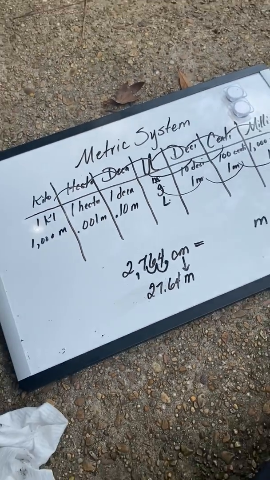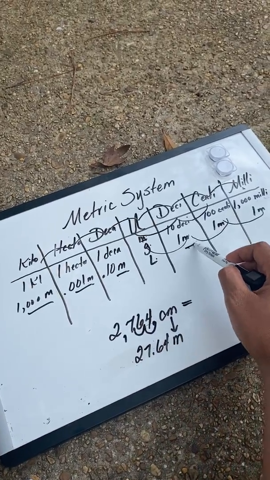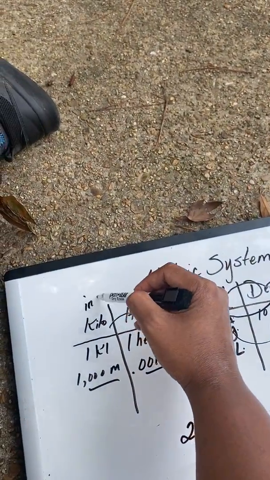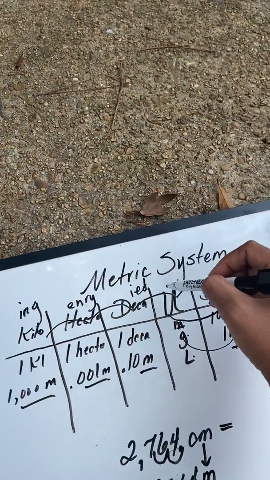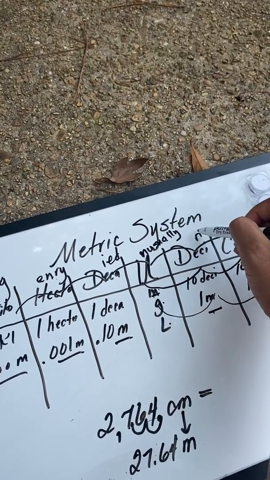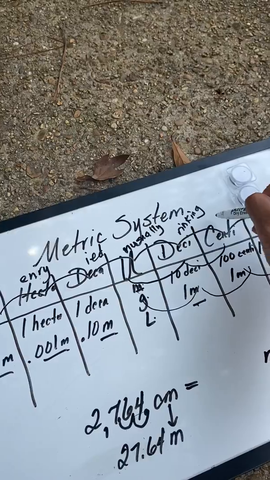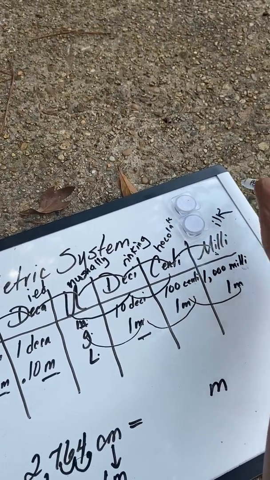All right, so remember, you don't have to memorize this per se. Just remember that King Henry died unusually drinking chocolate milk.